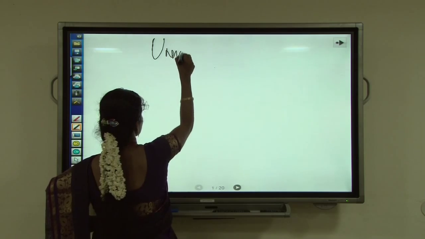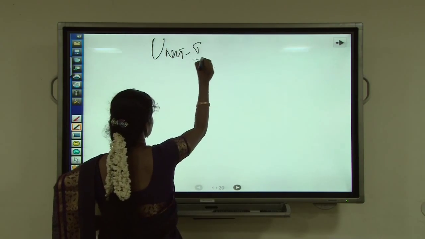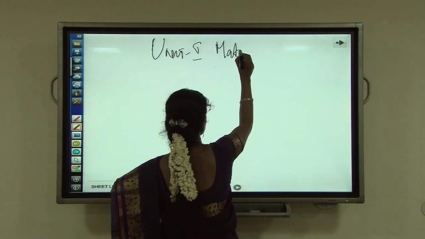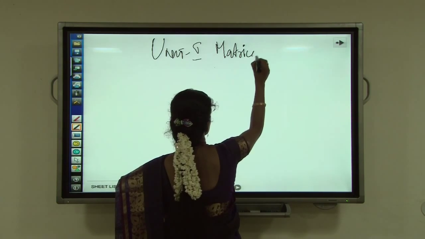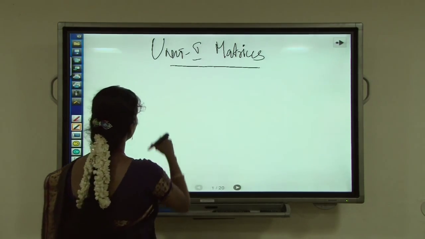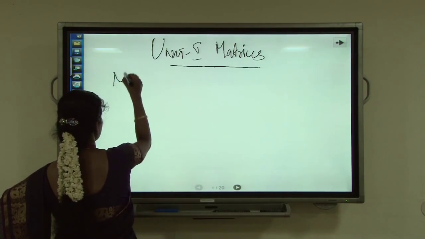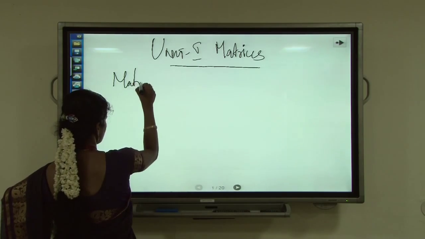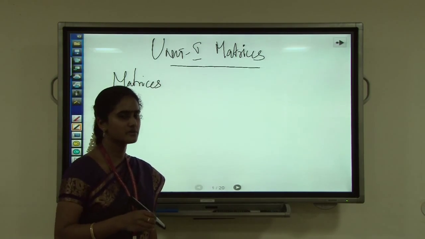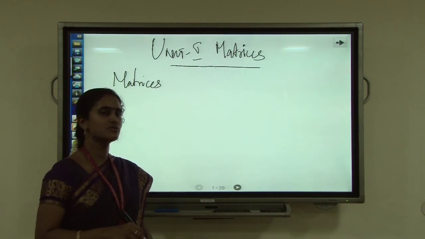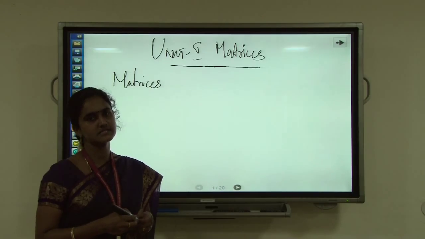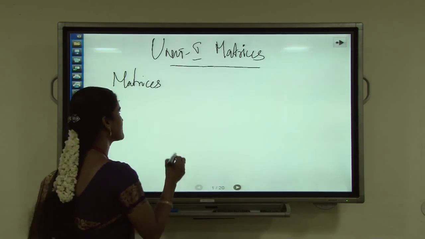We are going to start with unit 1, matrices. Defining matrices, everybody knows this, since right from schooling we have been studying matrices. A matrix is nothing but a set of m n elements arranged in a rectangular form.